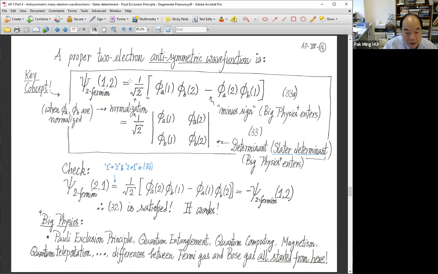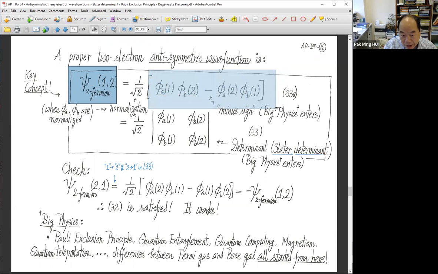Mathematically, the 1 over square root 2 is to keep the normalization, given that for the single electron 1s state, when we solved it, we normalized the single electron wave function. This is not the most important point here, but it makes sure that the whole thing is properly normalized.